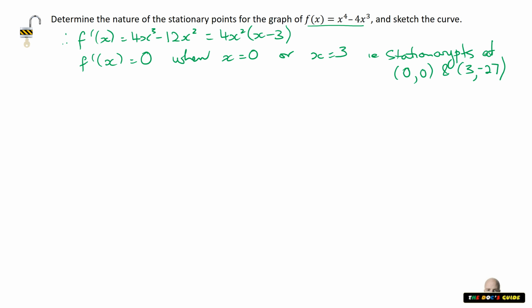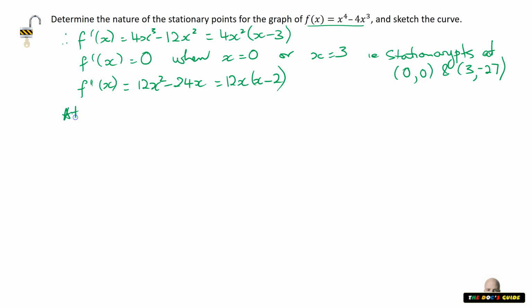Now, to get the nature of those stationary points, we would have in the past drawn up the little table. But now we're just going to take the second differential. So the second differential is just differentiating this one again. That will be 12x squared minus 24x. Or again, I'll just take out a common factor, 12x outside of x minus 2. So what we need to do is to use this to get the nature of these stationary points.